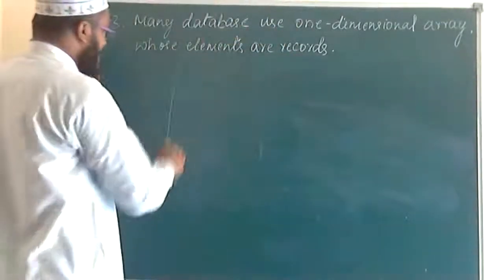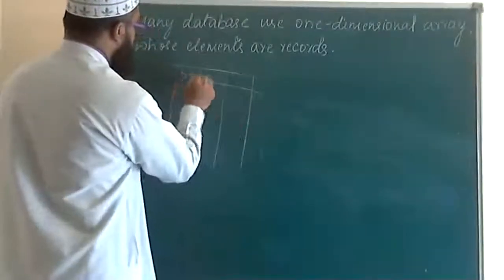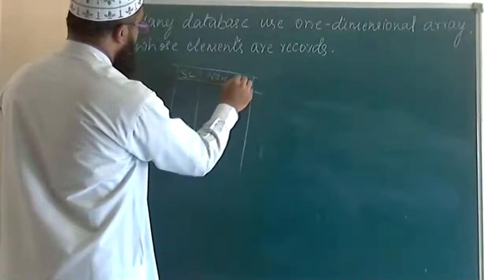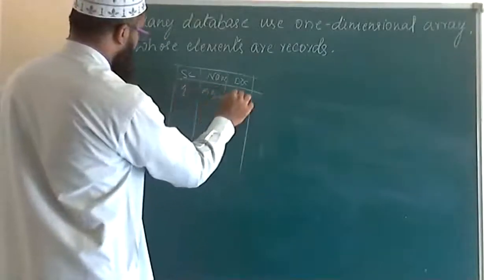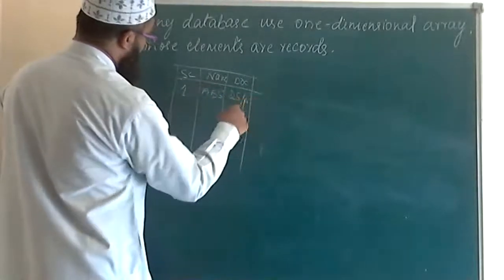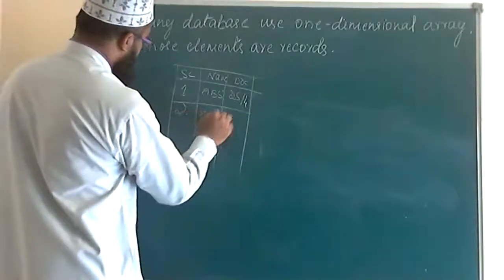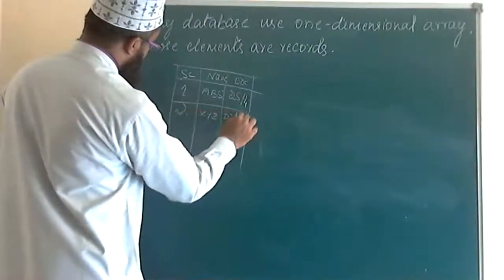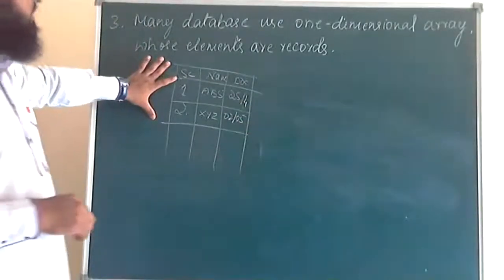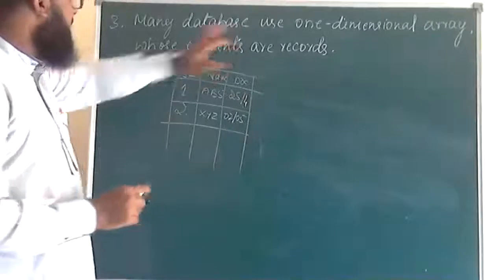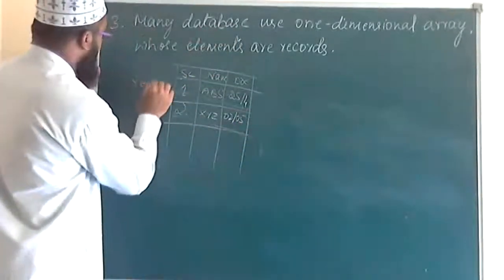For example, think of a table: serial number, name, date of birth, 1, ABC, 25, 4, and so on. Think of this as a database whose elements are records. A row can be called a record.